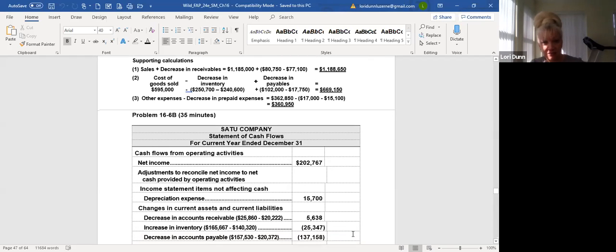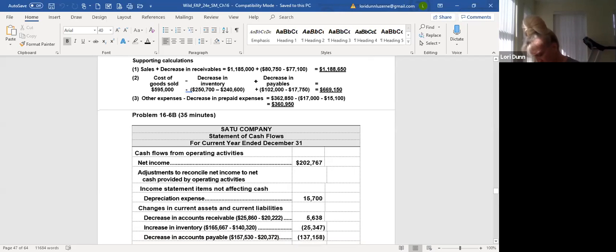So there was an overall decrease in accounts payable. What's the impact on cash? If accounts payable is decreasing, that means we paid more on accounts payable from the beginning of the year to the end of the year. So it has the same effect on cash flow: decrease, 137,158.